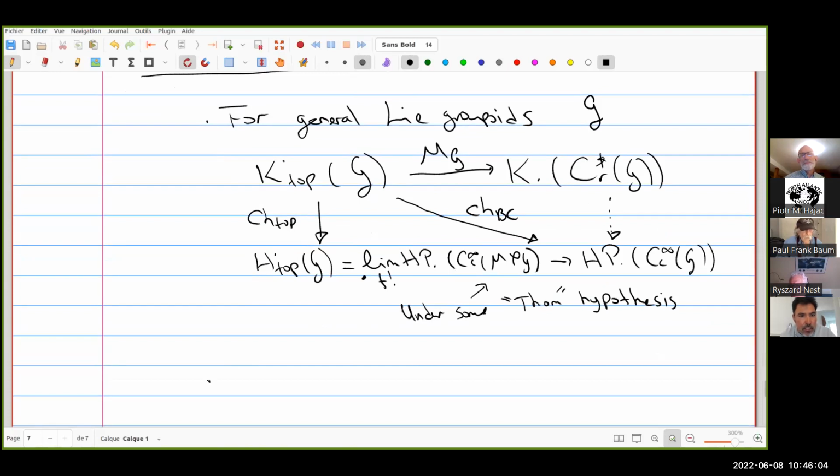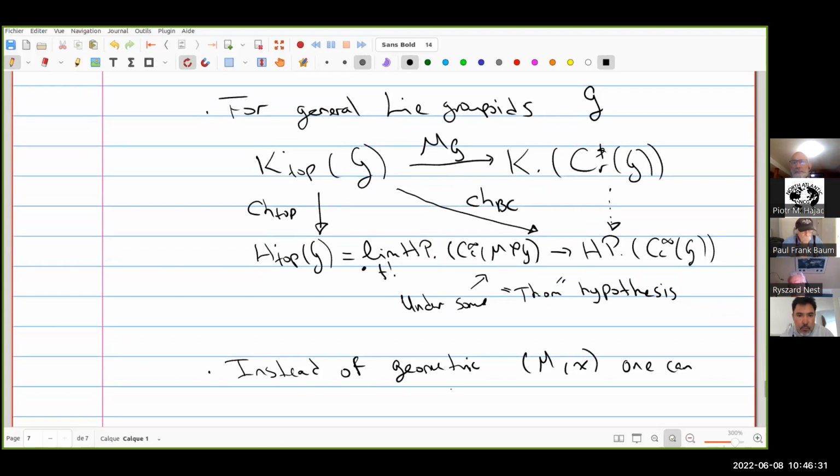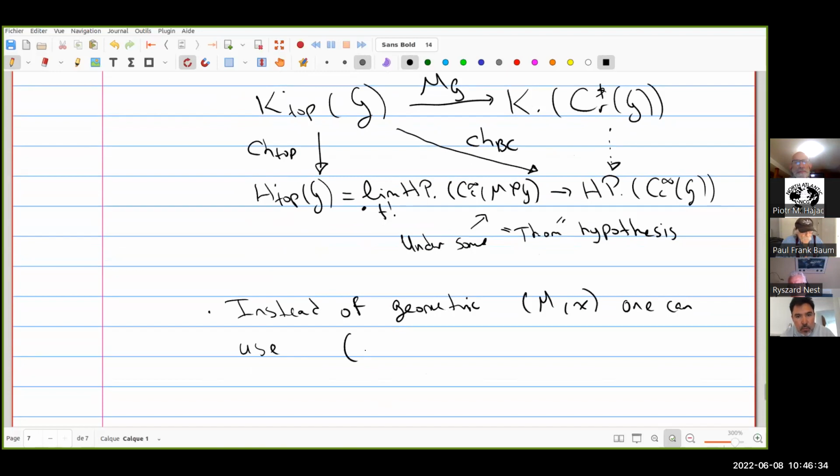And the other thing, I want to finish with this, is that there's another direction which I want to explore in the future related to index theory of more singular objects. Instead of geometric cycles which use just manifolds, one can use orbifolds very easily. So this is a Gamma orbifold.